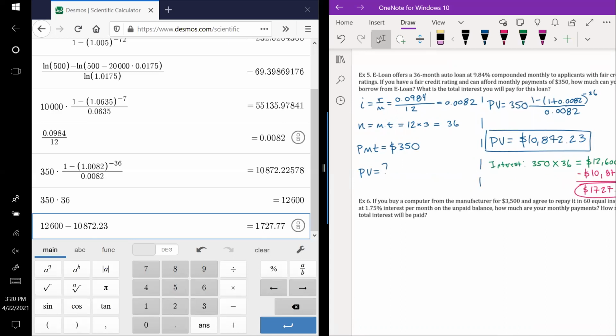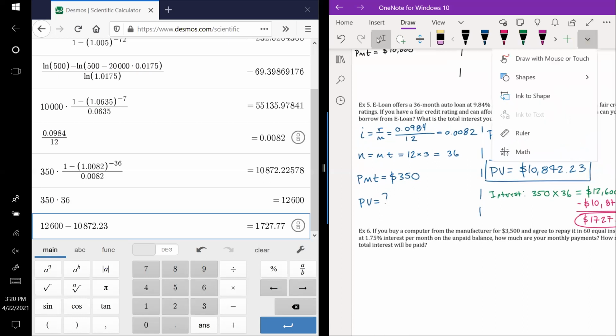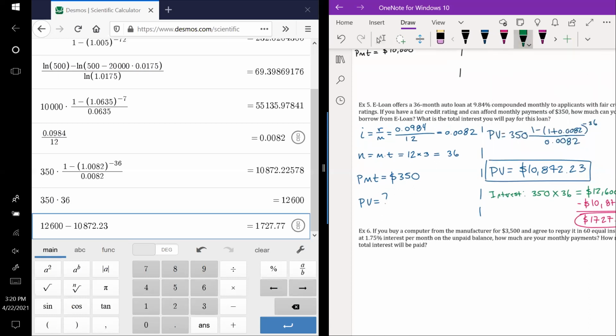So let's go ahead and write those down. So I, the interest rate, it's already telling us that we are going to pay 1.75% interest per month. So they already did the math for us.